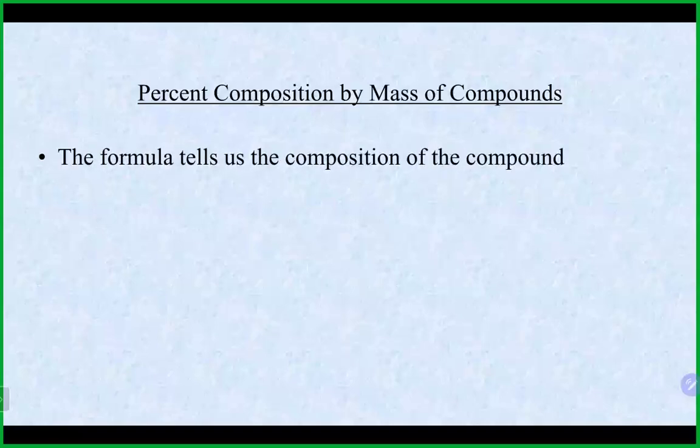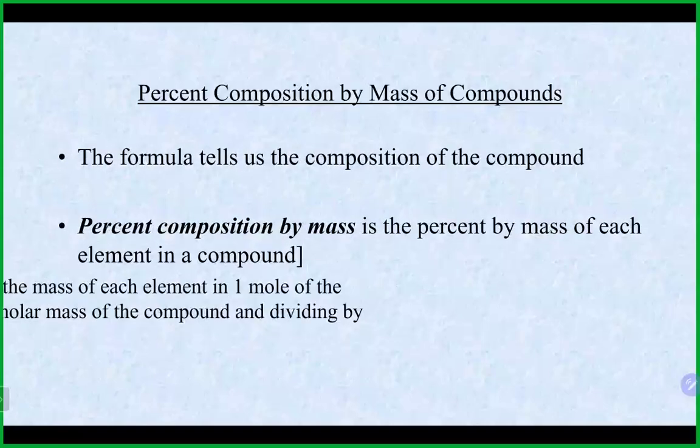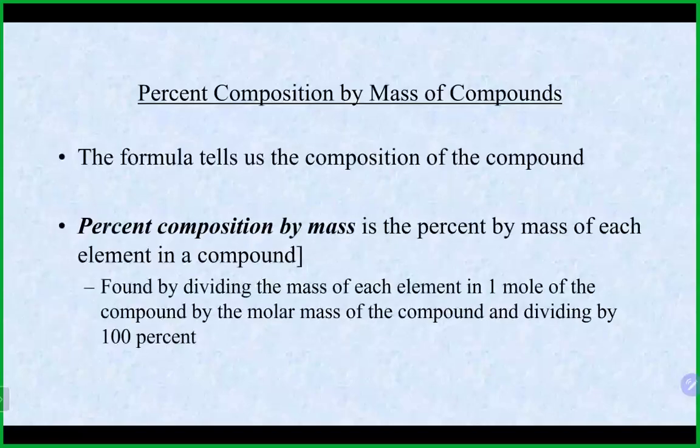All right, let's talk about another idea, the percent composition by mass. The formula tells us the composition of the compound, and we can calculate the percent composition by mass for each element.